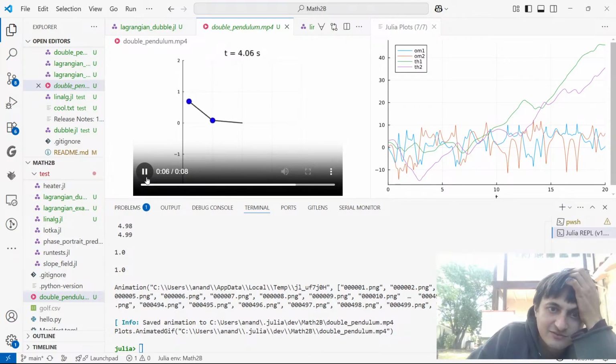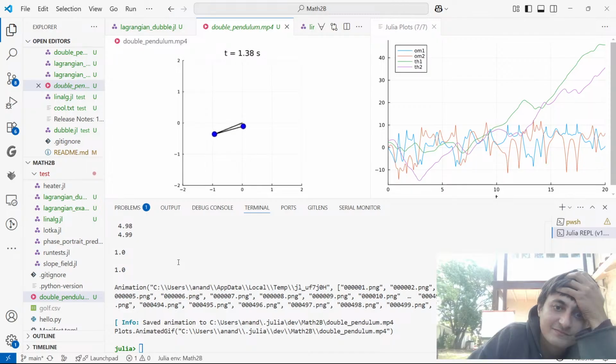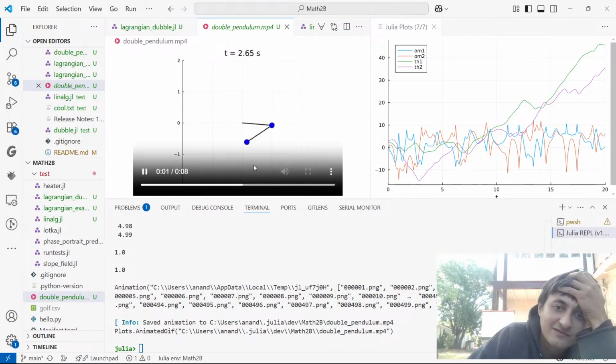Why would it swing around there? Does that really seem right to you?